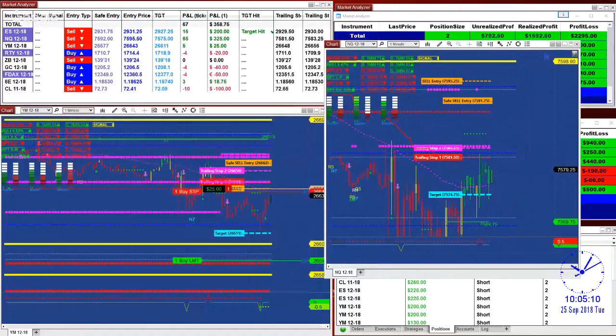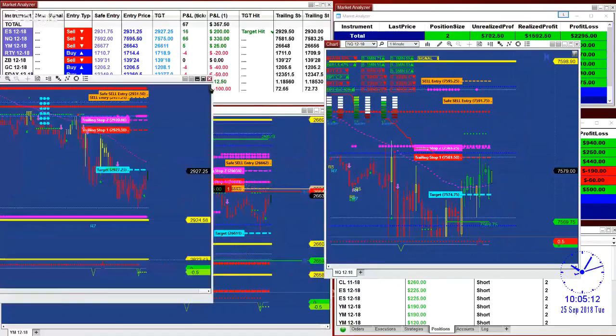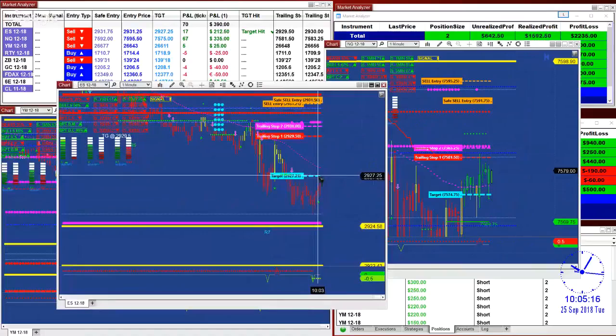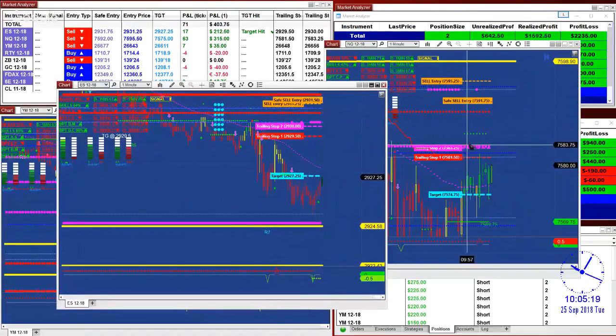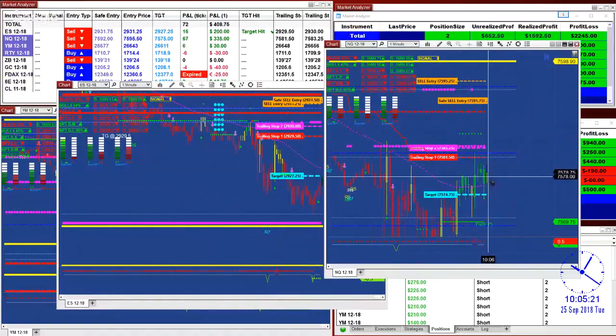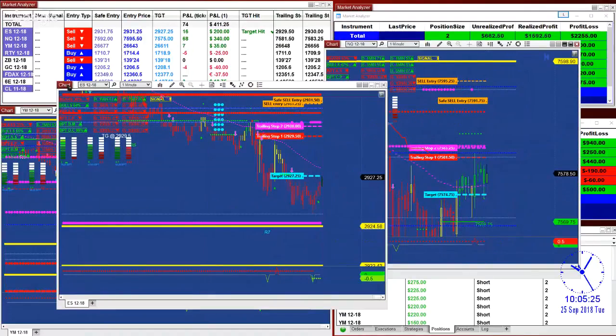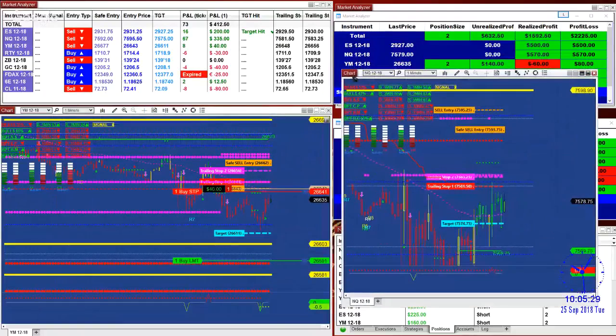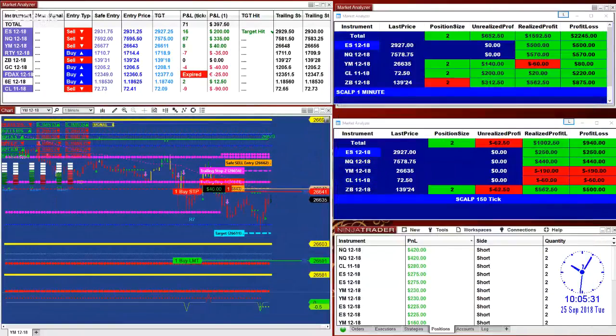So we need to keep our eye, whether you are an ES trader or not, on what the ES is going to do. And it seems like Nasdaq wants to go back and retest those numbers, and it is exactly what we are talking about. Traders, especially if you are an automated trader, you are not seeing that.